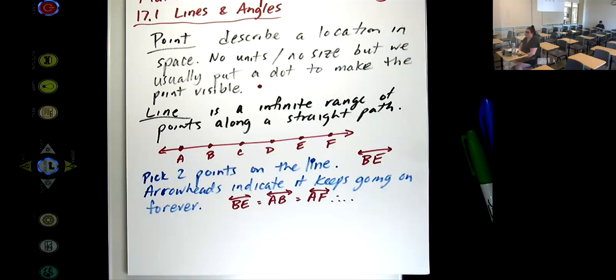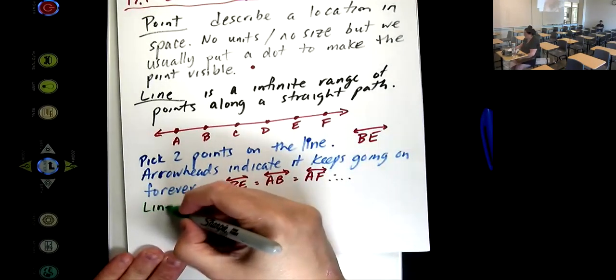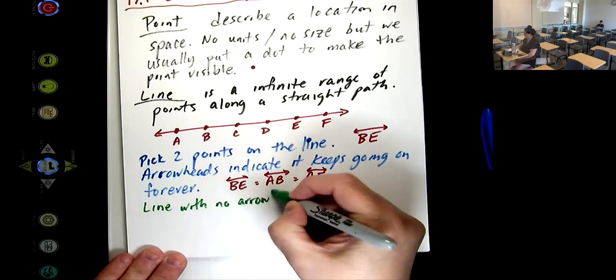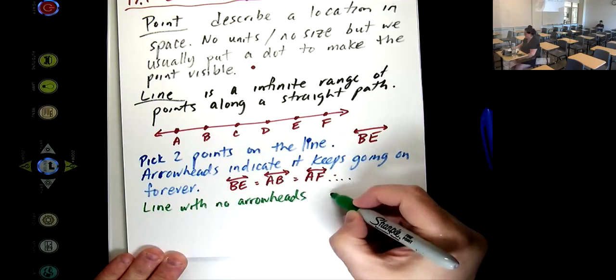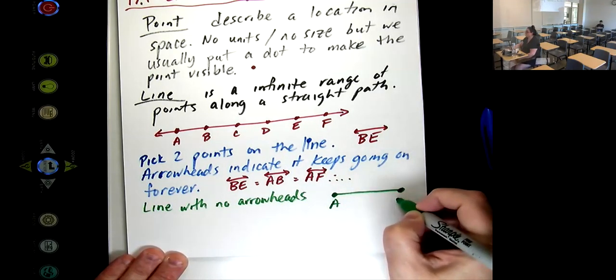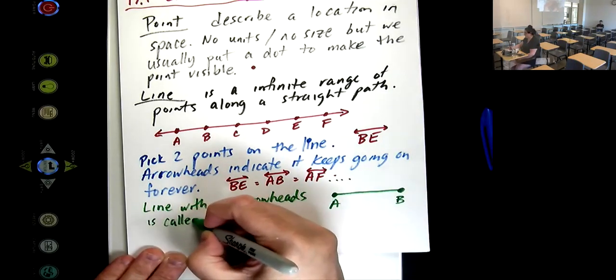A line that has no arrowheads, like this, is called a line segment.